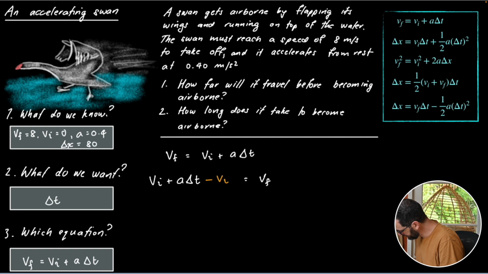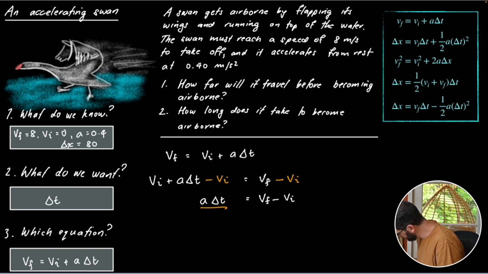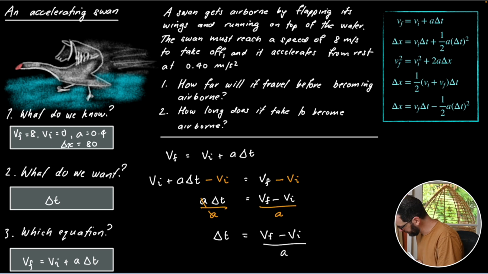So minus Vi, and I'll have A delta t, because the Vi minus Vi is 0, will be Vf minus Vi. And once again, very similar to the previous one, I need to divide the whole thing through by A, and that should get delta t by itself because the A over A is just going to cancel out to give me 1. So delta t is final velocity minus initial velocity divided by A.